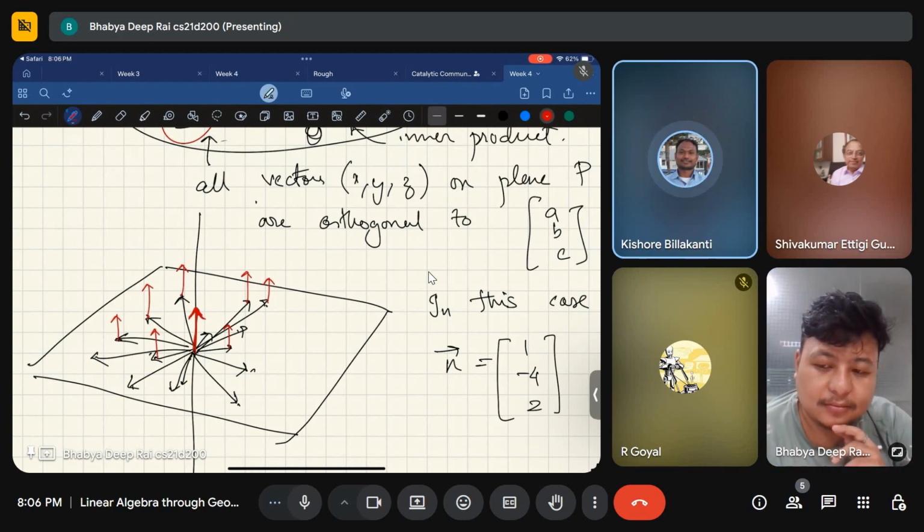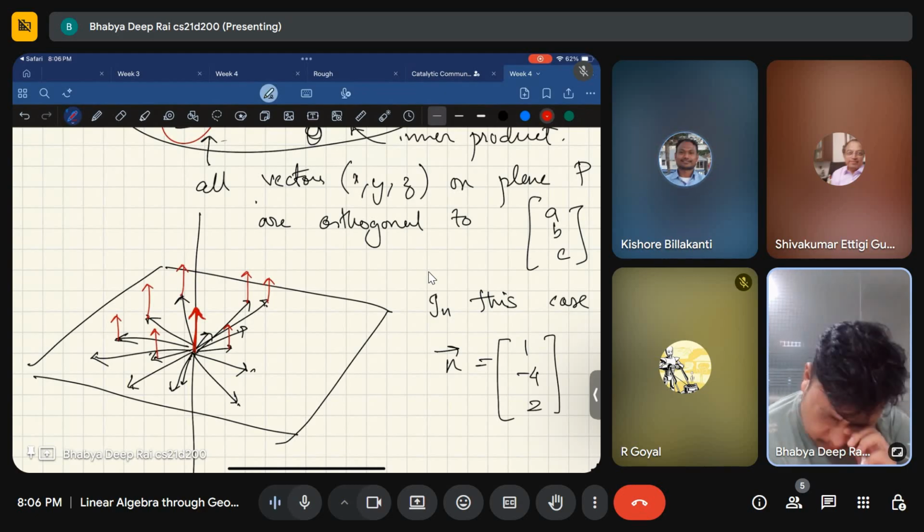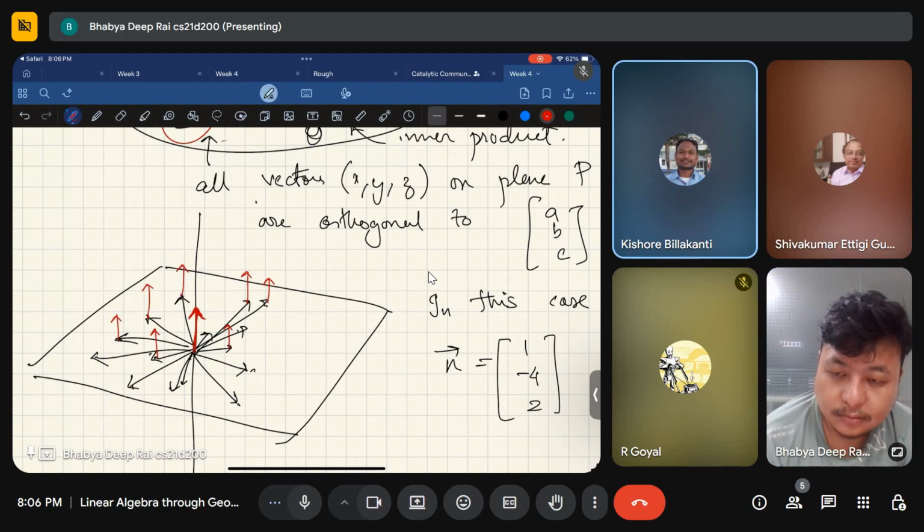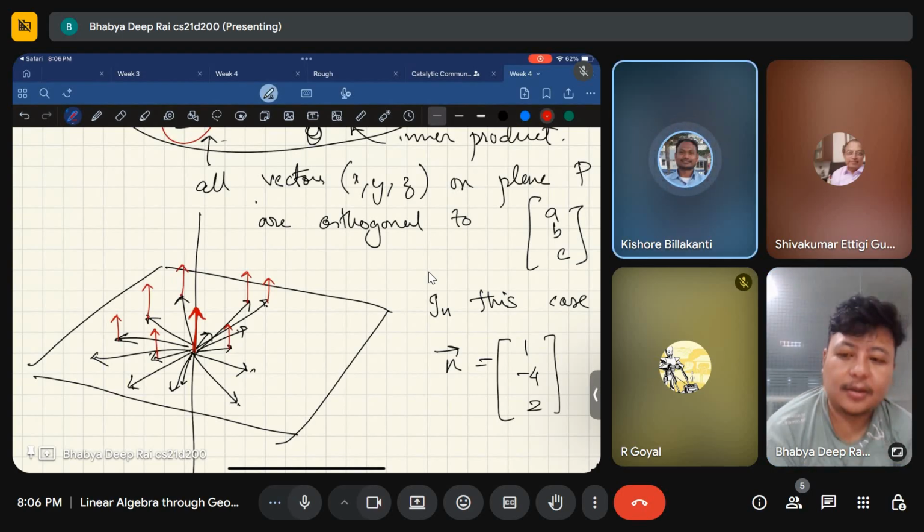I mean, like x, y, z we have planes. Let us suppose the vectors are on the XY plane. So the normal vector would be on the same XY plane, or it would be pointing to the z axis? The z axis, yeah, to be perpendicular.